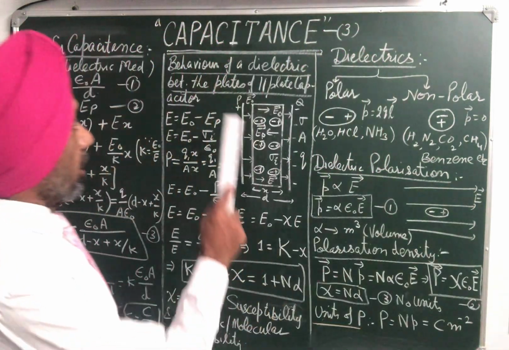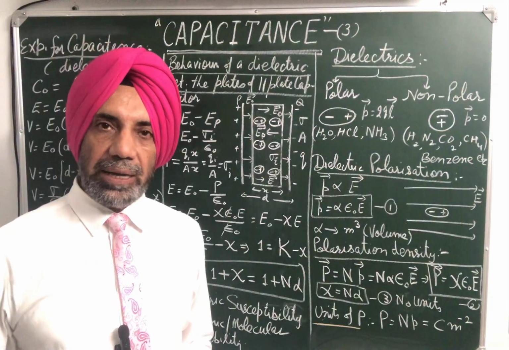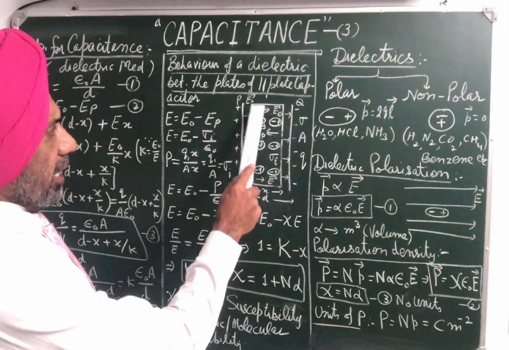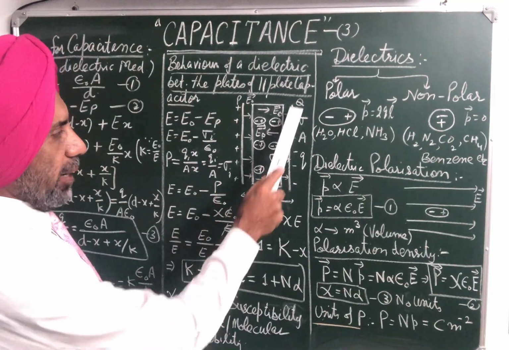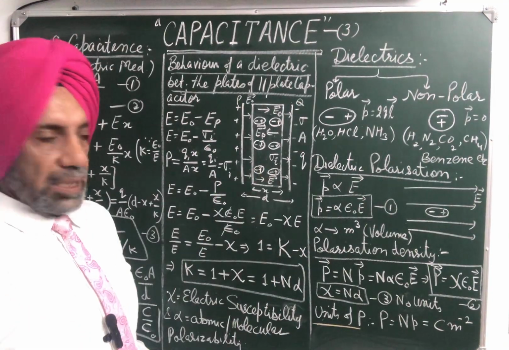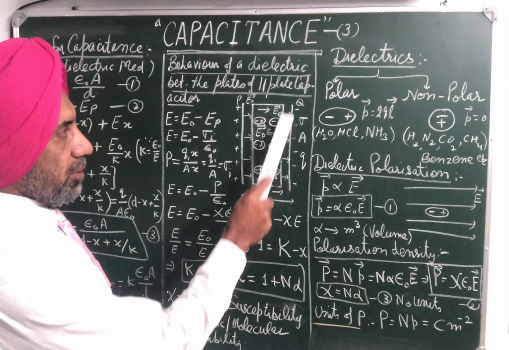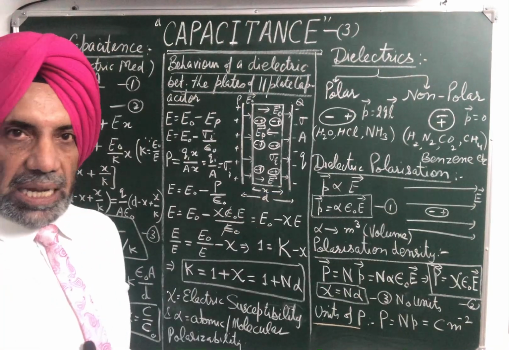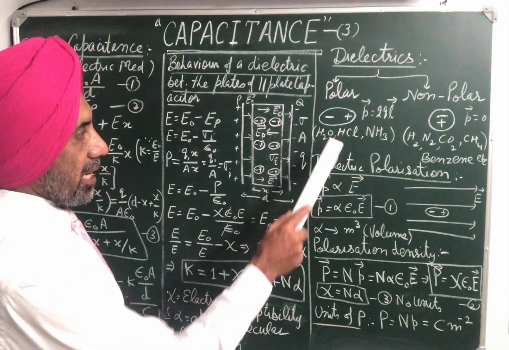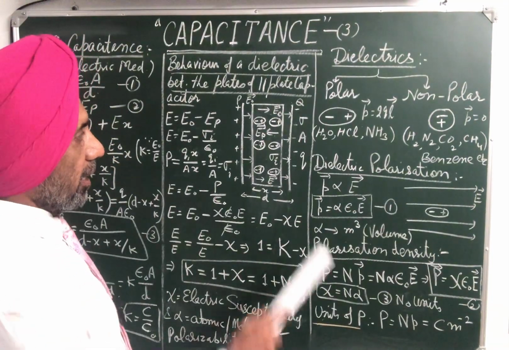Then let us discuss the behavior of a dielectric between the plates of a parallel plate capacitor. When a dielectric slab is introduced between the plates of a parallel plate capacitor P and Q, separated by distance small d, suppose x is the thickness of the dielectric slab, sigma is the magnitude of surface charge density of each plate, A is the area of cross section of each plate, and Q is the total charge on each plate.